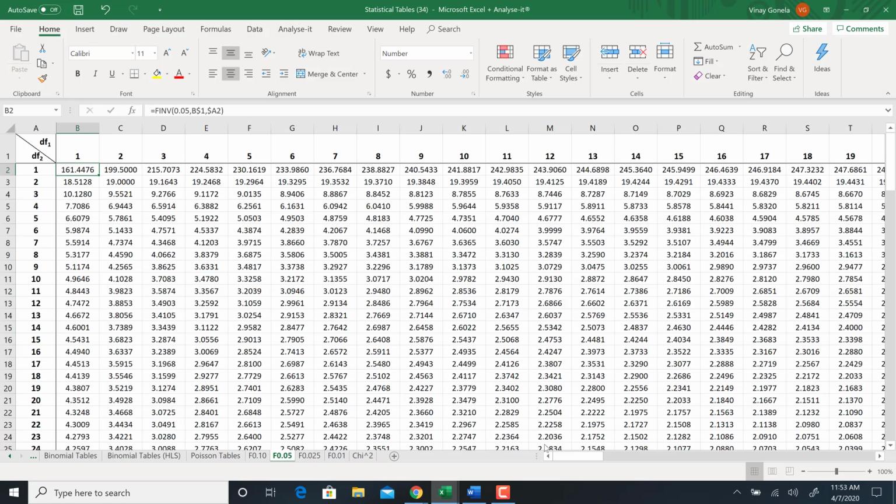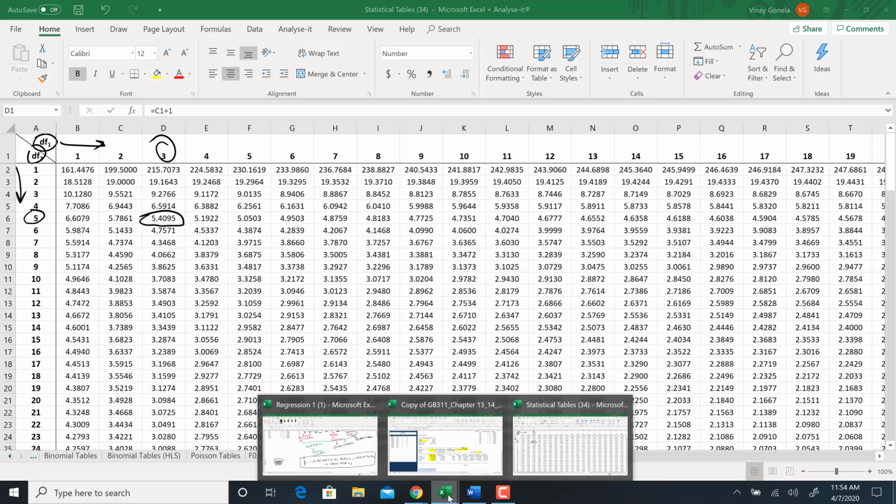Degree of freedom 1 goes this way, degree of freedom 2 goes this way. So degree of freedom 1 is 3, and degree of freedom 2 is 5. I'm looking at the value 5.4095, and that is my critical value.